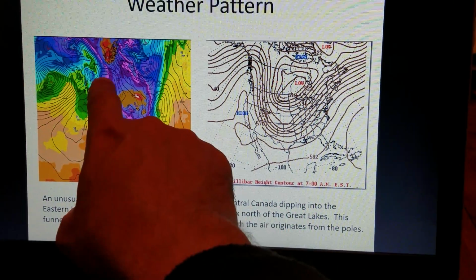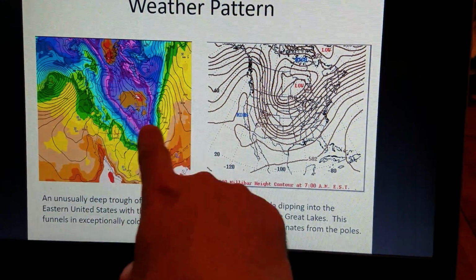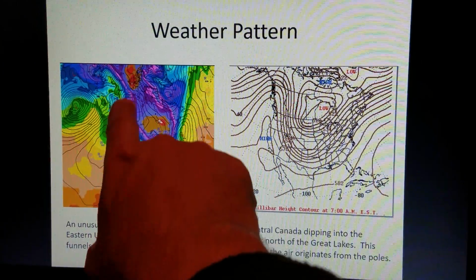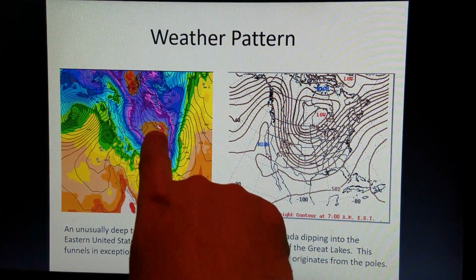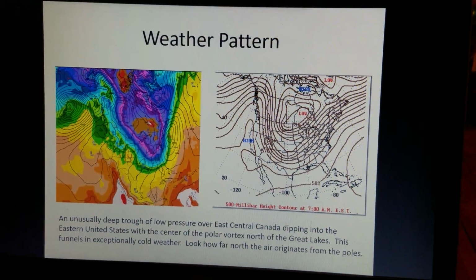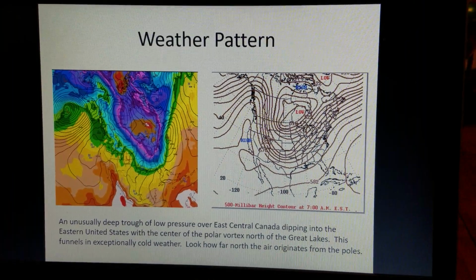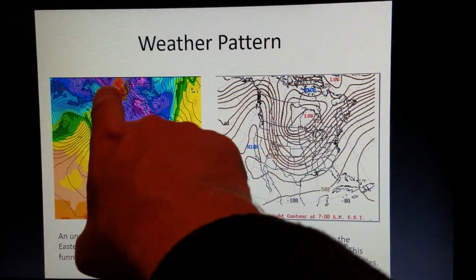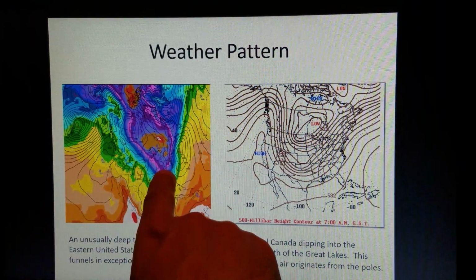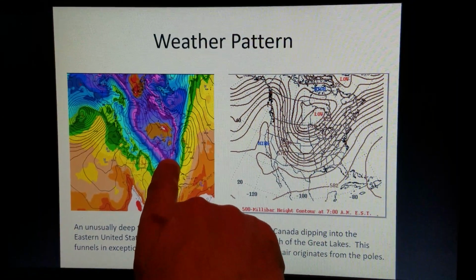These purple and magenta colors are the coldest air. Notice the connection of this deepening trough, which goes all the way up into the Arctic areas. So the air that should normally remain over the poles is dislodged southeast, all the way from the Arctic down into the eastern United States.